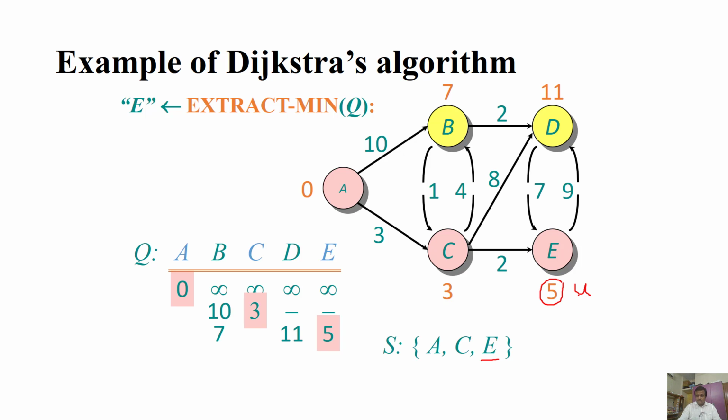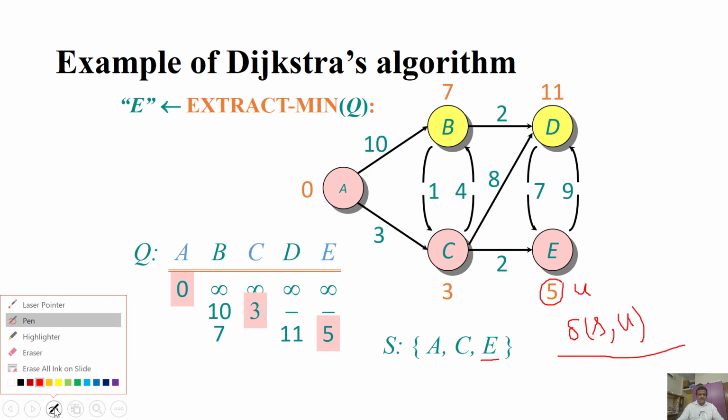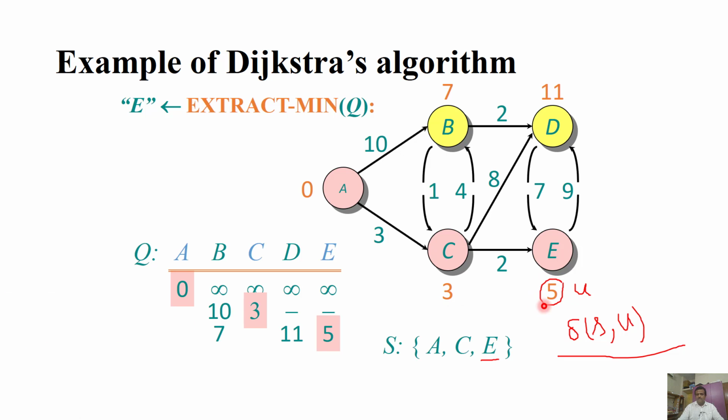So that key value is basically the delta of S comma U. That will prove the correctness of this algorithm. Okay. Now we have a shortest path from S to this vertex U with a cost 5, and this is our delta of S comma U.